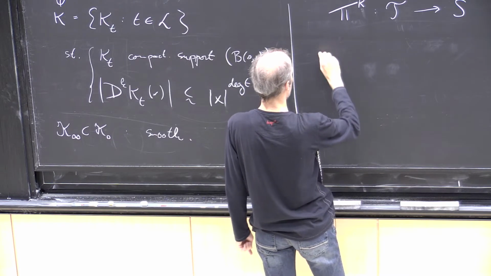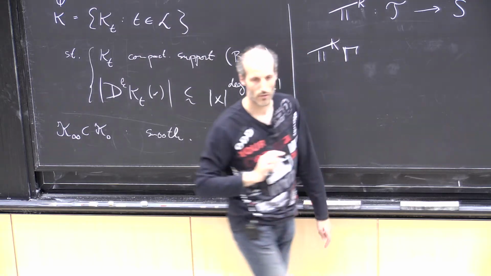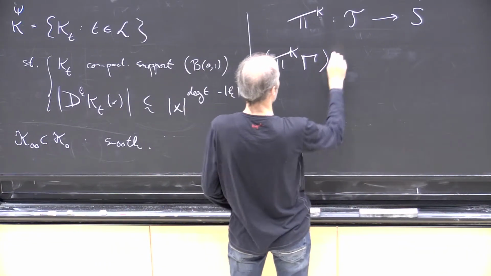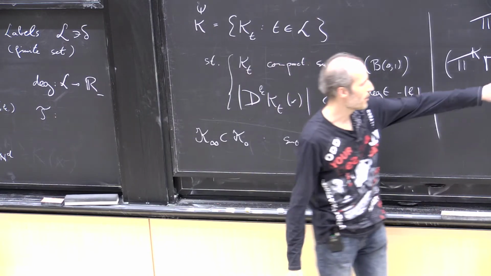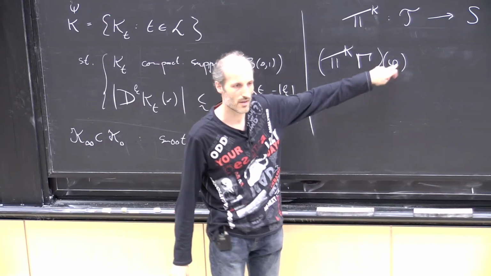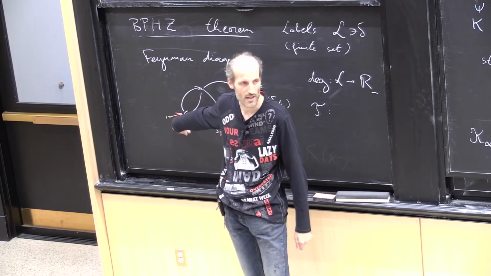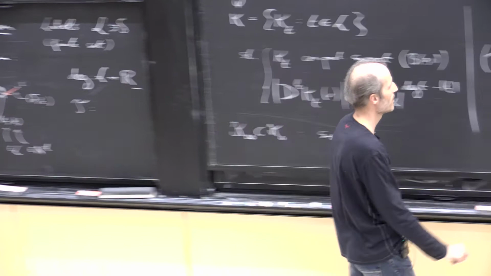So if I take a Feynman diagram gamma, like this, now this is a distribution, so I have to hit it with a test function. Now the test function here has as many variables as you have legs here. So in this case it would be 3, for example.